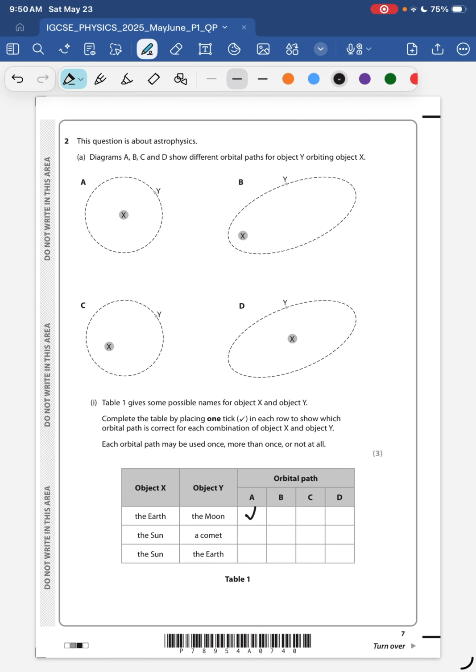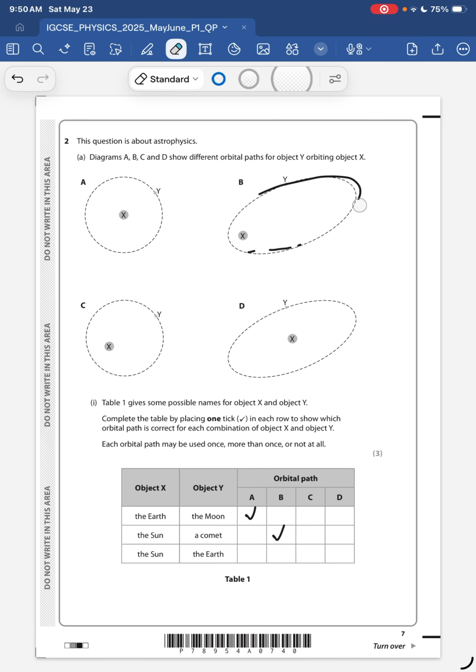The one that is really outside the planetary system of our solar system. So this is going to be option B. This is because comets come really close to the Sun and then travel really far outward towards the Kuiper belt. So that's option B.